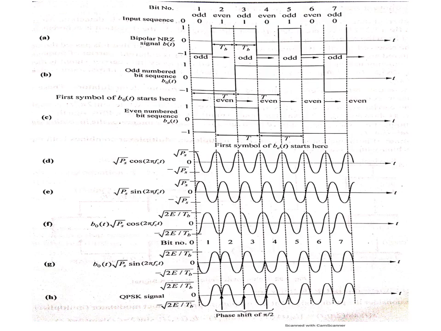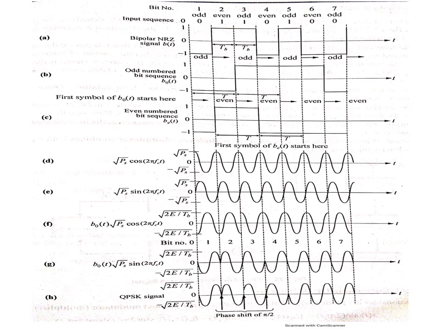The observation point is that the even and odd sequences are related to a 2 Tb time duration. In the NRZ signal, the bit duration is Tb, but in the case of odd and even, the bit duration is 2 Tb, that is double the Tb.